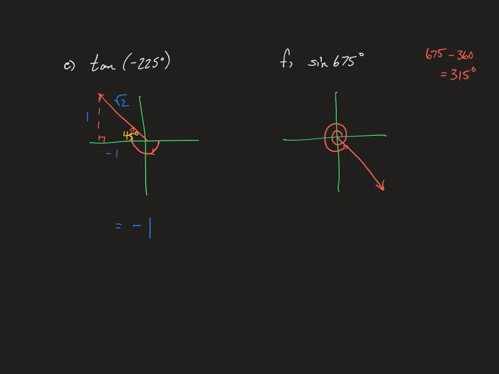If I rotate 315 degrees, then I'm going to be 45 degrees short of getting back to the x-axis. Now that I have that related acute angle, I can drop in my height, and I can label my side lengths. And so my triangle then, 45 degrees, is a 1, 1, and √2.